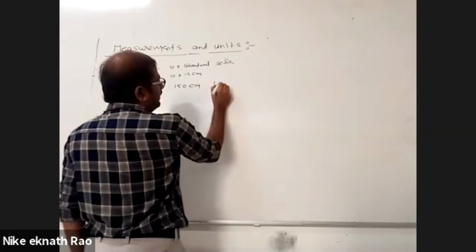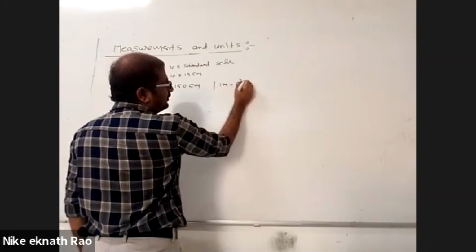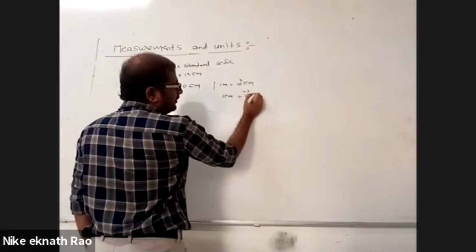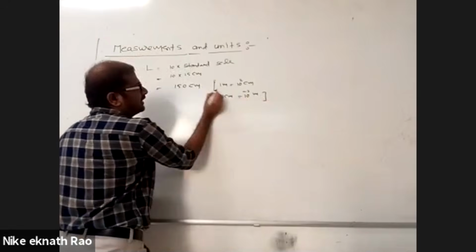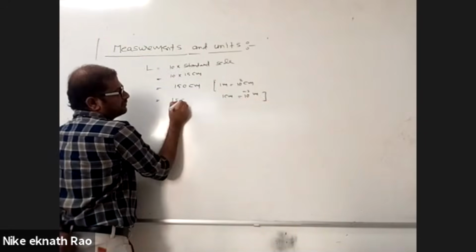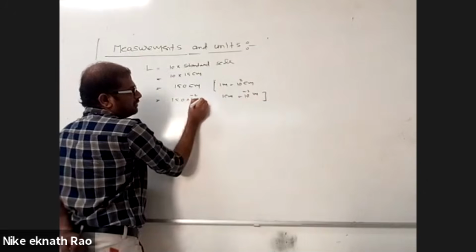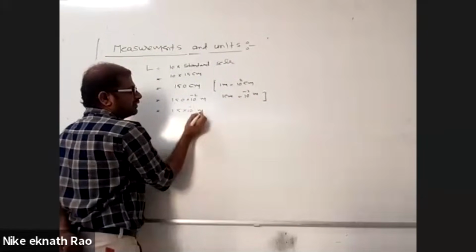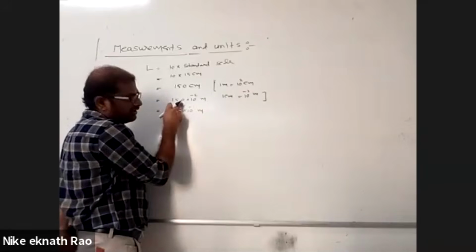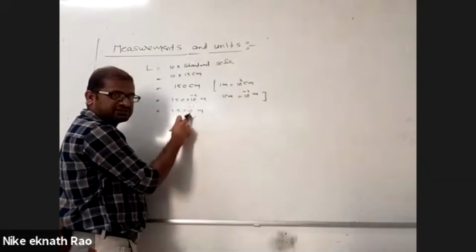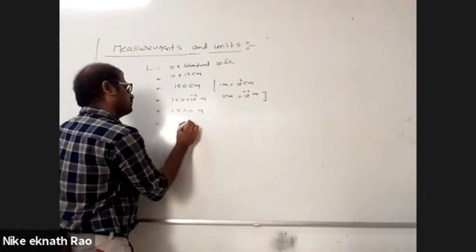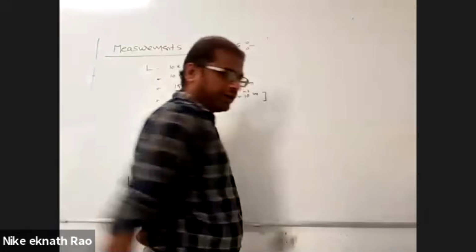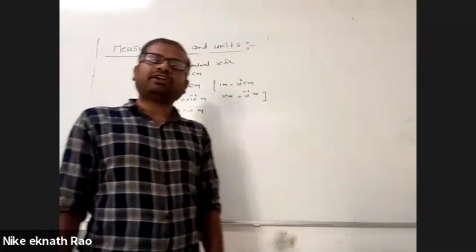As you know, 1 meter is 100 centimeters, so 1 centimeter is 10 power minus 2 meters. So 150 into 10 power minus 2 meters is 15 into 10 power minus 1 meter, which is 1.5 meters. The length of this whiteboard is 1.5 meters.